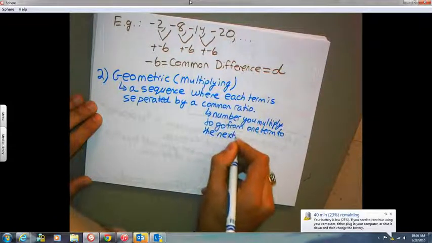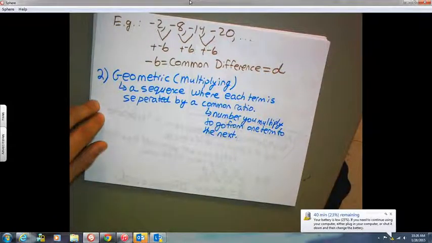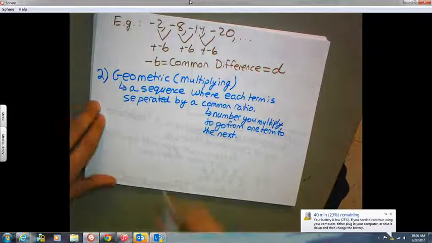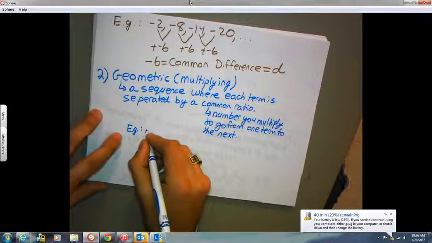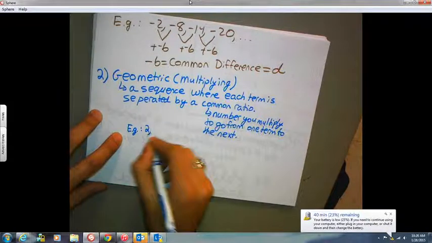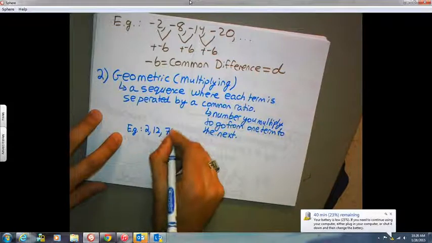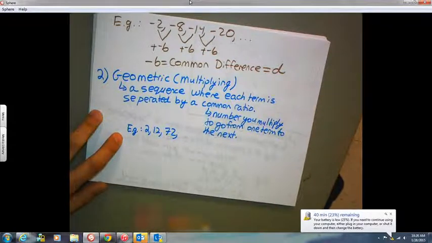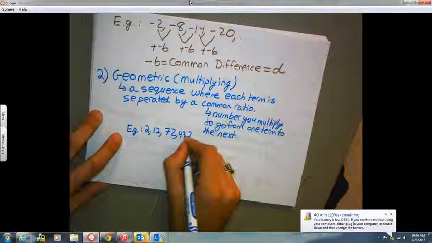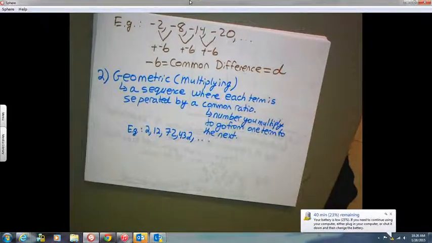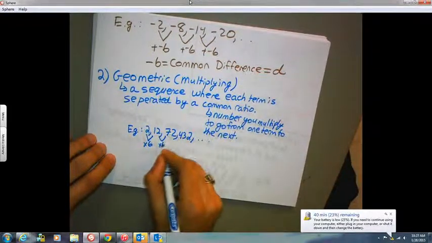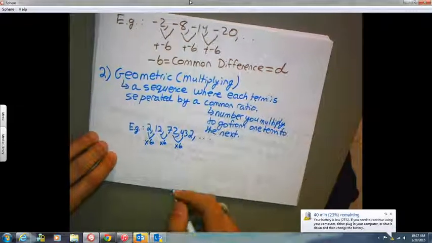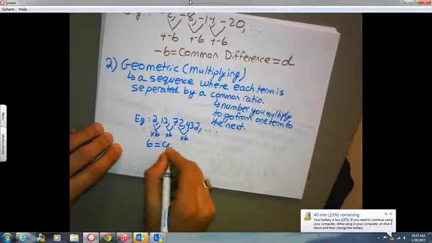Example: every time I'm multiplying by 6, so we say 6 is the common ratio, and we abbreviate it with an R.